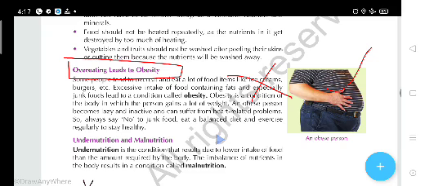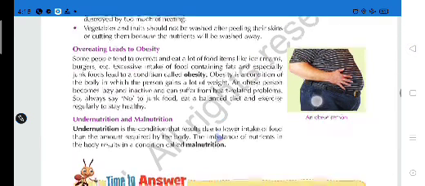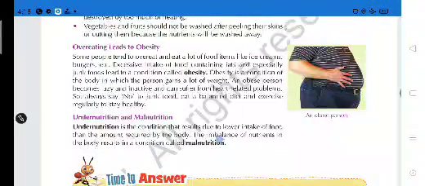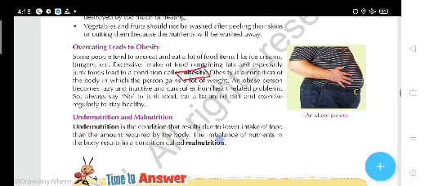I'm sure you do not like it, because the person is suffering from obesity. Some people tend to overeat and eat a lot of food items like ice cream and burgers. The excess intake of food containing fat, especially junk food, leads to a condition called obesity. Obesity is a condition in which a person gains a lot of weight.